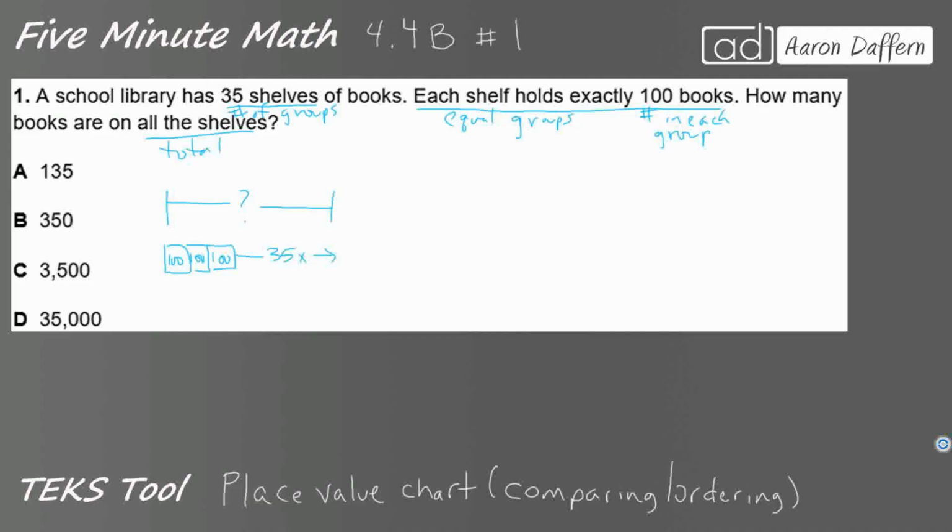The reason we're not necessarily going to use this is because we would end up with a problem like this. You would say 100 times 35, or you could say 35 times 100, but both of those are kind of beyond what we do here in fourth grade. This is actually more appropriate for a place value chart. So let me show you exactly why that would work.